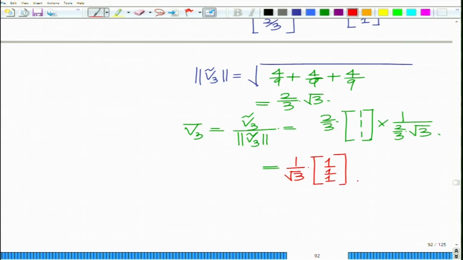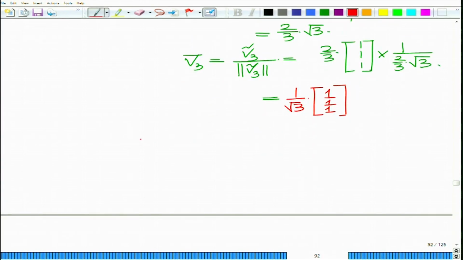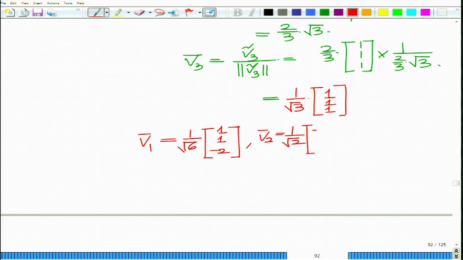So, finally, we have the orthonormal set of vectors which span the same space as u1 bar, u2 bar, u3 bar, remind you. So, V1 bar is 1 over square root of 6 times 1 1 minus 2, V2 bar equals 1 over square root of 2, apologize, 1 over square root of 2 times minus 1 1 0, and V3 bar equals 1 over square root of 3 times 1 1 1.